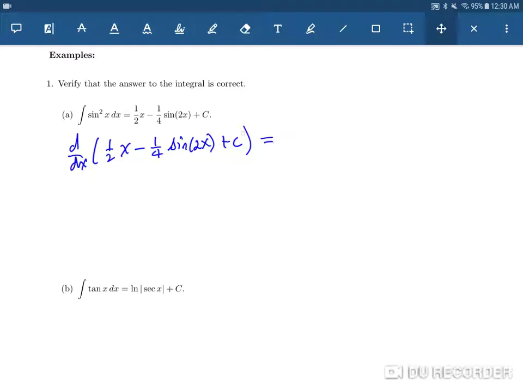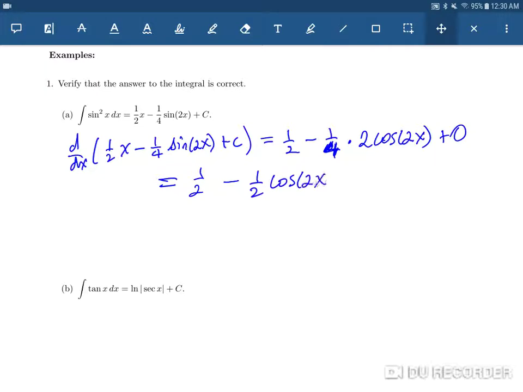The derivative of 1/2 x is 1/2. Derivative of minus 1/4 sine 2x is minus 1/4 times derivative of sine 2x, which is 2 times cosine of 2x. That's the chain rule. The derivative of c is 0. So that gives us 1/2 minus 1/2 cosine of 2x.